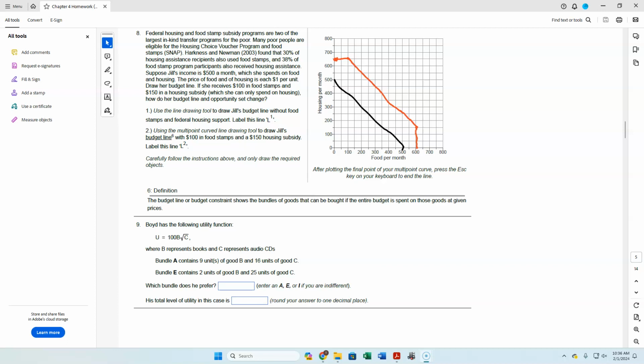So that's why this now is vertical up to 150. Then we've got our 1-to-1 slope, and then it stops here at 100, which is where the food stamps would start. And you'll notice that the y-intercept here is 150 higher because that's the amount of the housing allowance.